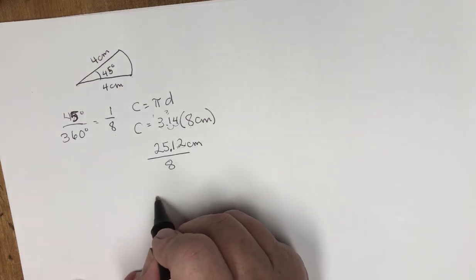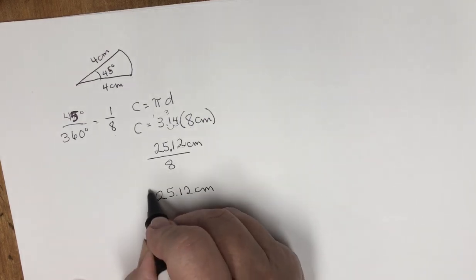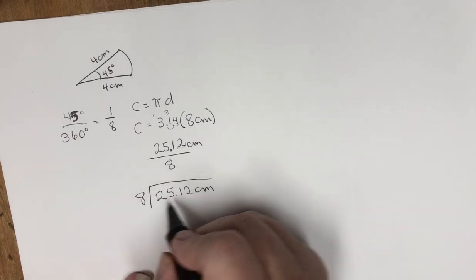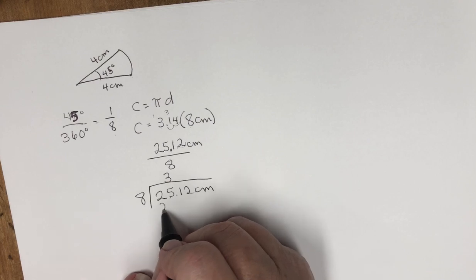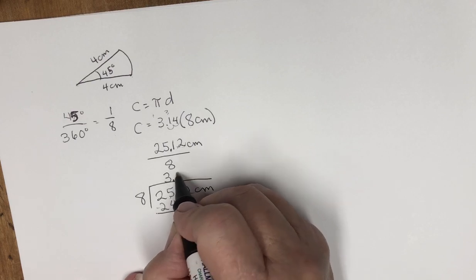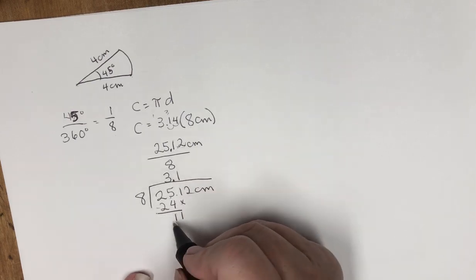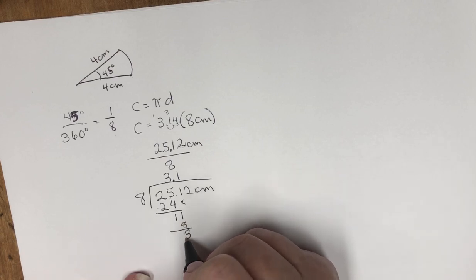So now we have 25.12 centimeters divided by 8. 8 goes into 25 3 times. 3 times 8 is 24. Subtract, bring down my 1. 8, there's my decimal point. 8 goes into 1 zero times.